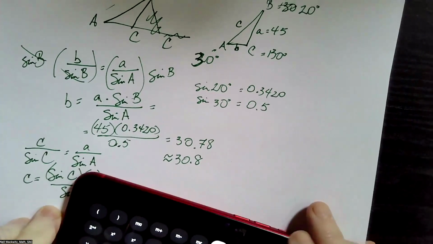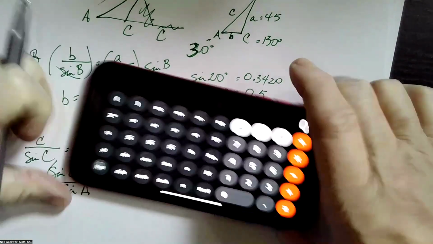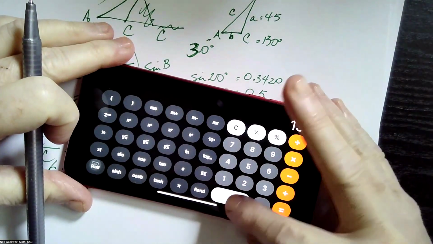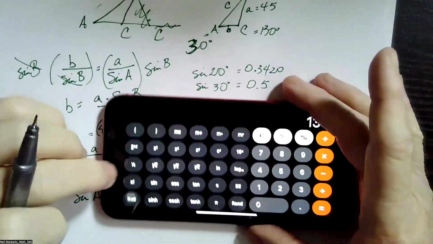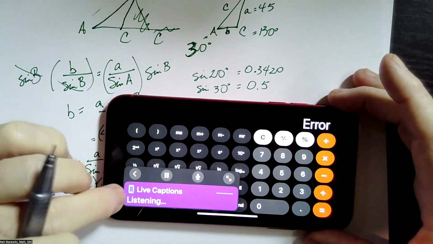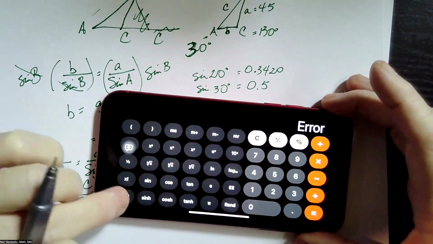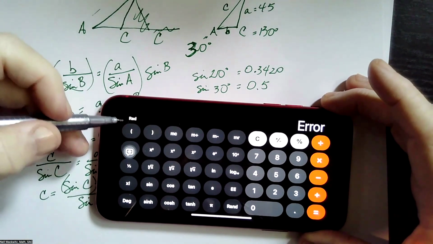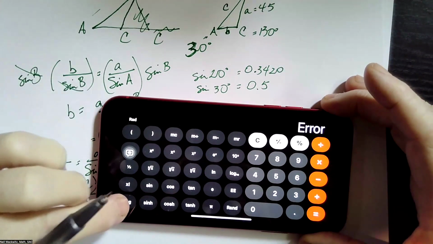And so I need to find the sine of 130 before I start. And I can see that, at least for my calculator, if radians are selected, then radians shows up here.